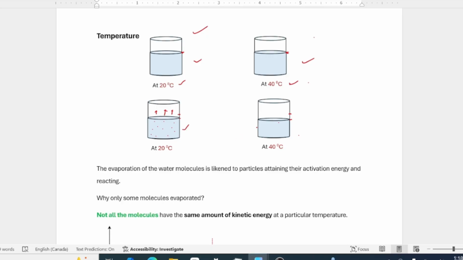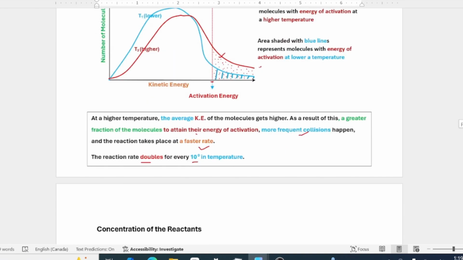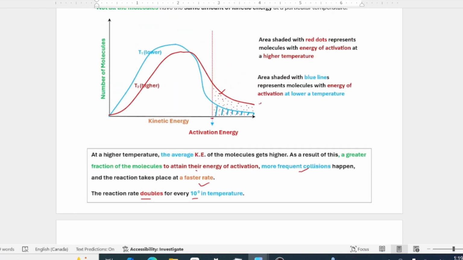As a result of that, a greater fraction of the molecules was able to gain their energy of activation and cause them to evaporate out of solution. The same thing is going to happen in chemical reactions. As the temperature increases, the average kinetic energy of the molecules will increase, and a greater fraction of them will gain their energy of activation to make them react at a faster rate.